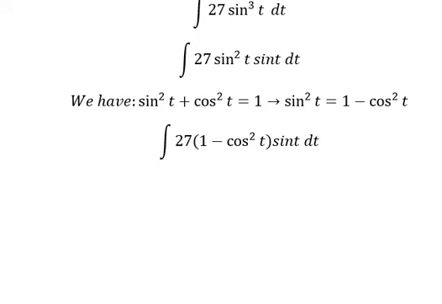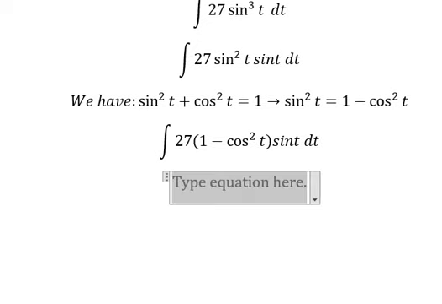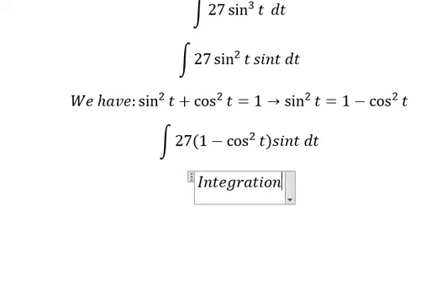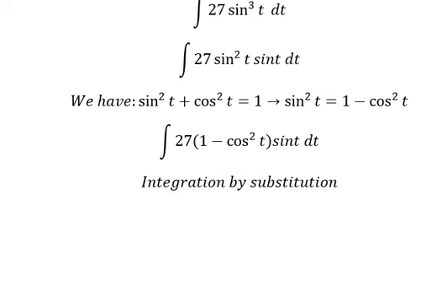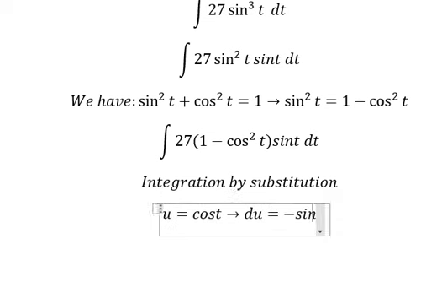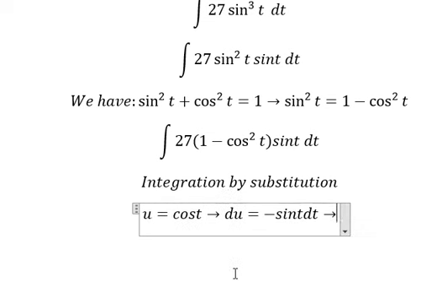Next, we need to use integration by substitution. So I will put u equals cosine t. If I do the first derivative for both sides, we have du equal to negative sine t dt.